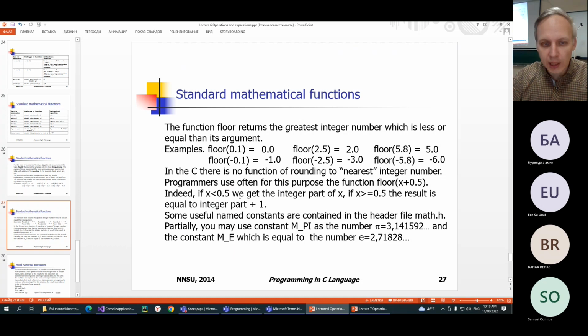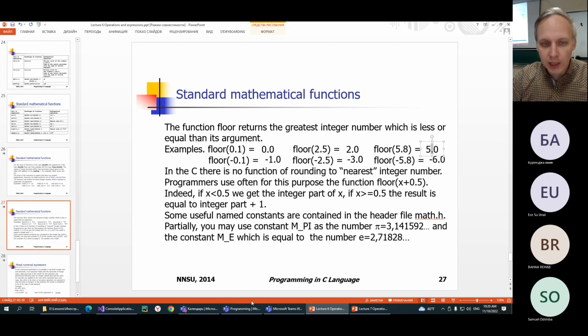In the C language, there is no function that rounds to the nearest integer, because here, for example, when we apply floor to 5.8, 5 is not the nearest number. The nearest number is 6, but floor returns the number that is less.